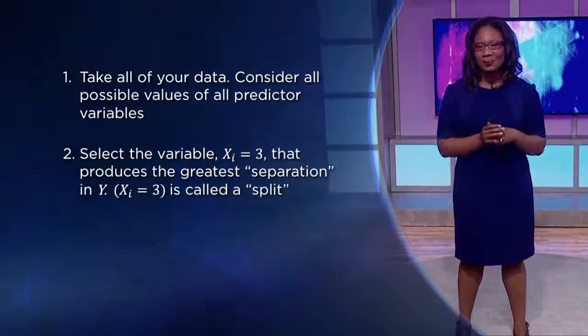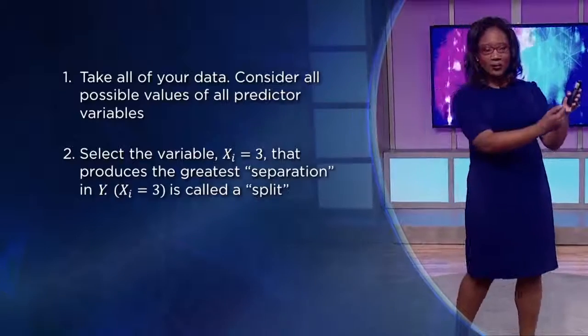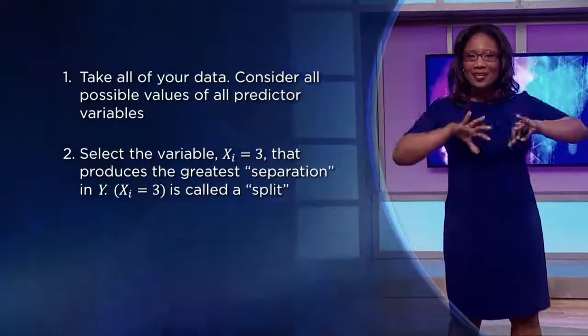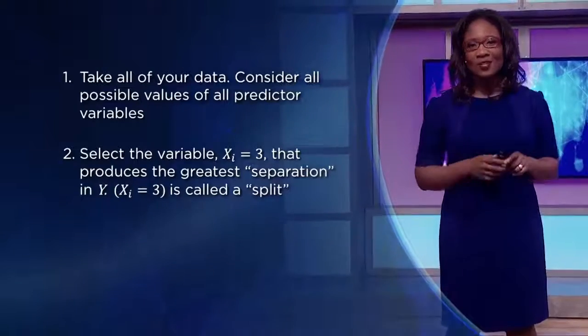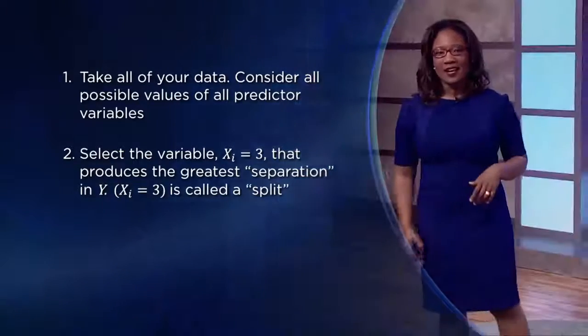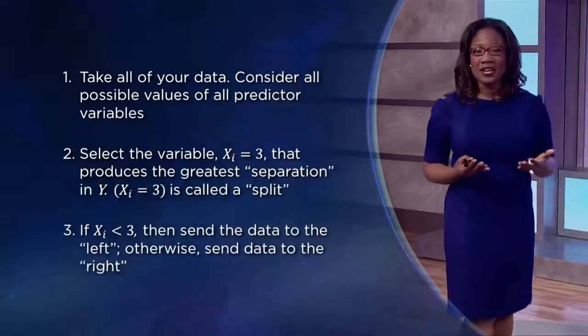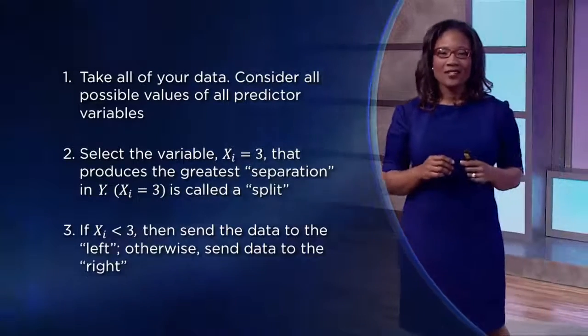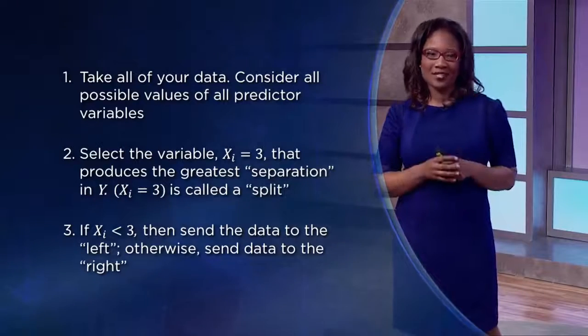We're going to call that a split. So imagine here's your x variable and you're searching around to look for the point at which the separation in y is the greatest. If x is less than 3, we send all that data to the left. Otherwise, we send that data to the right.